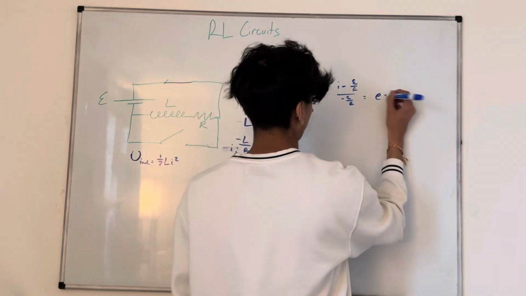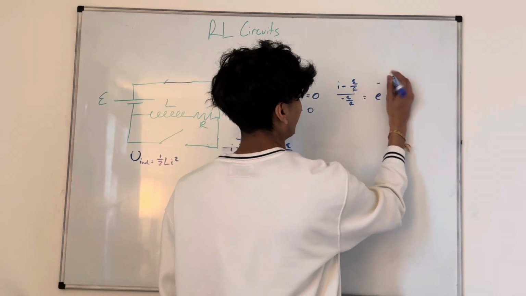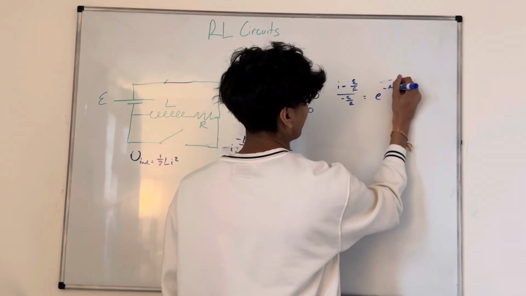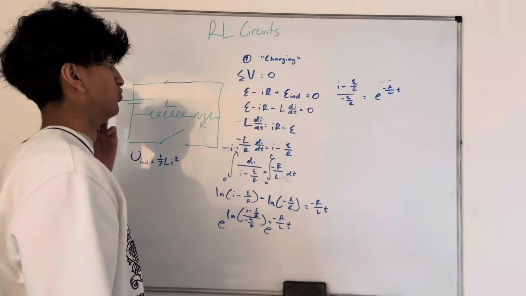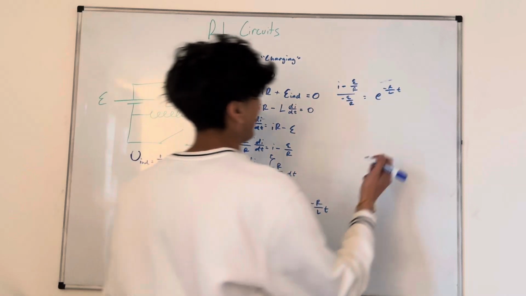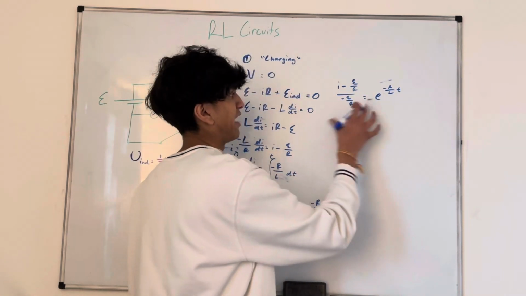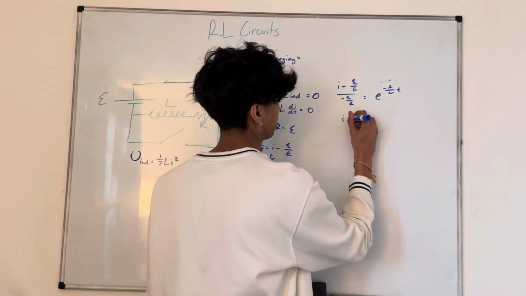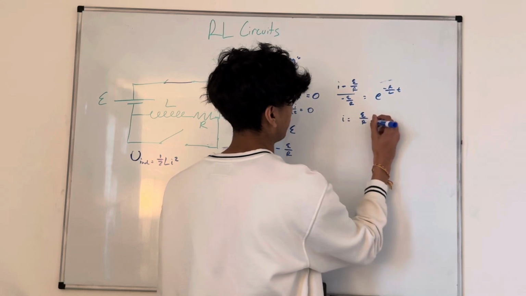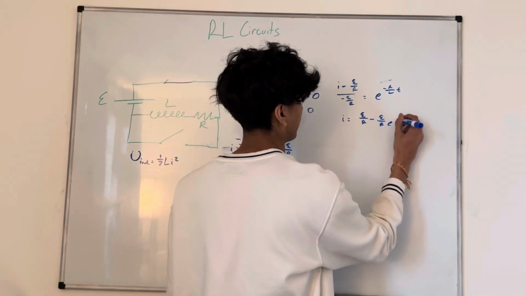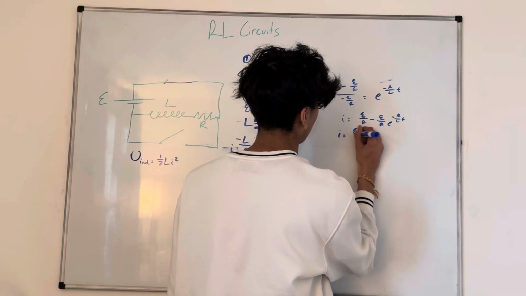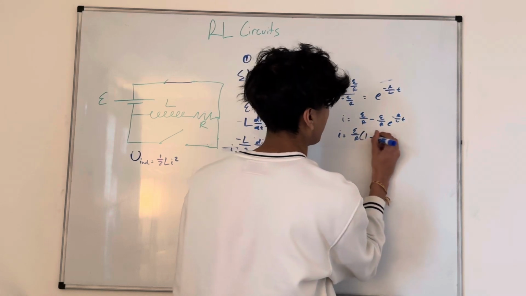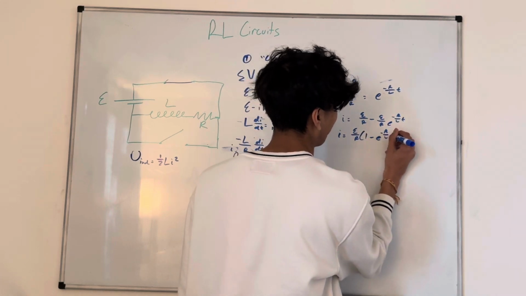So now I just have to multiply and solve, and hopefully this algebra isn't anything crazy. You get EMF over R minus EMF over R e to the negative R over L t, or I equals EMF over R times 1 minus e to the negative R over L t.